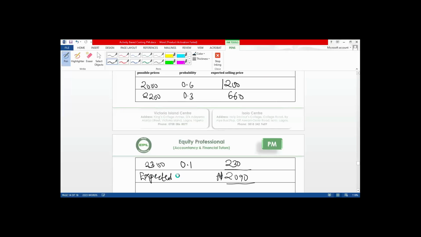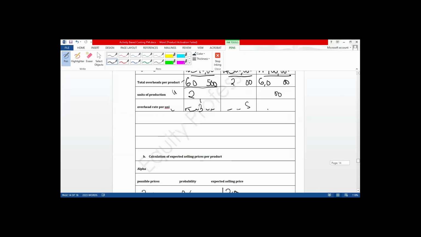Expected sales price for alpha. When you are done, you move to beta.